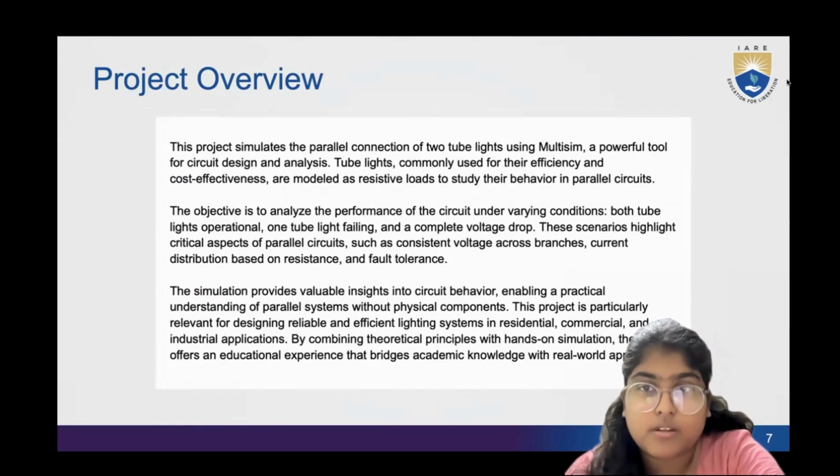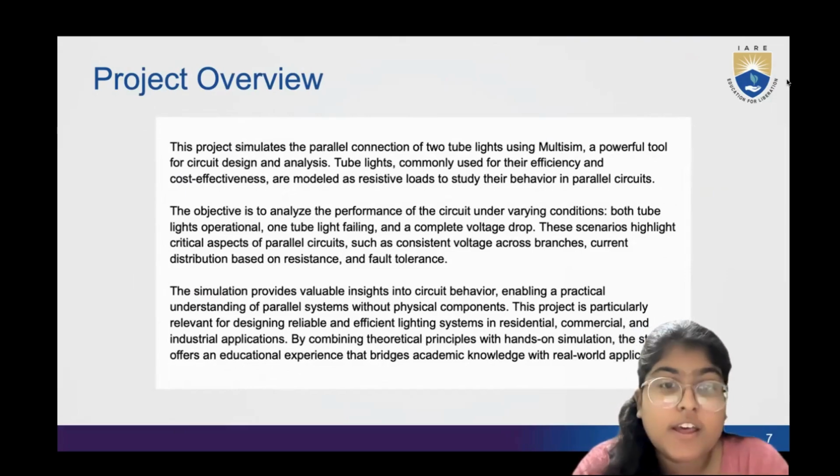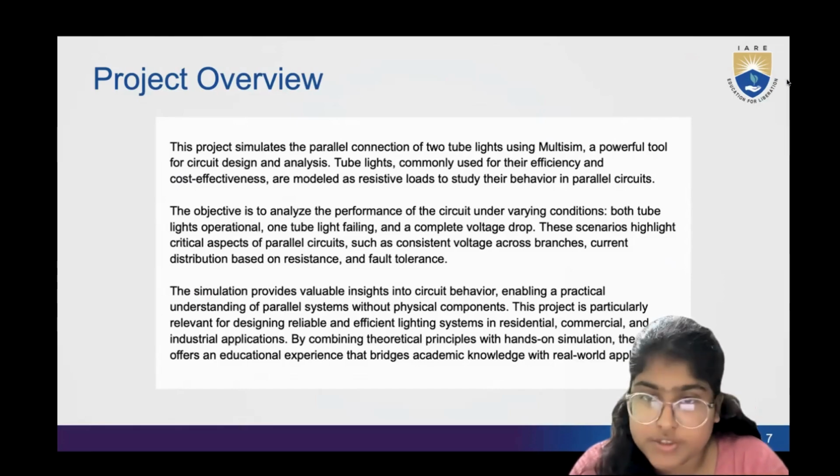Project overview. The project simulates the parallel connection of two tube lights, as I've mentioned before. The objective is to analyze the performance of the circuit under varying conditions. Like I've mentioned, we've used three scenarios where both the tube lights are operational, the second is where one tube light is failing, and the third is a complete voltage drop.